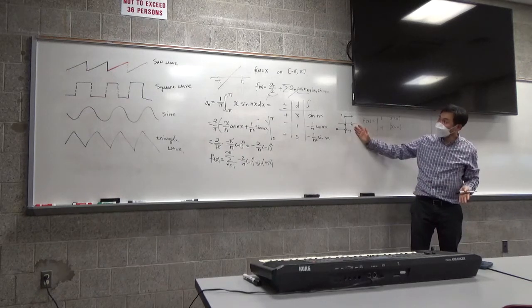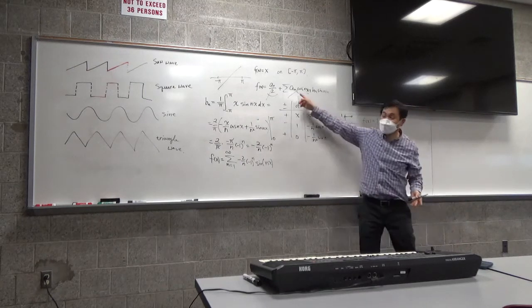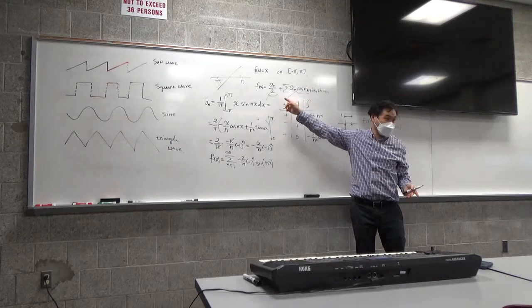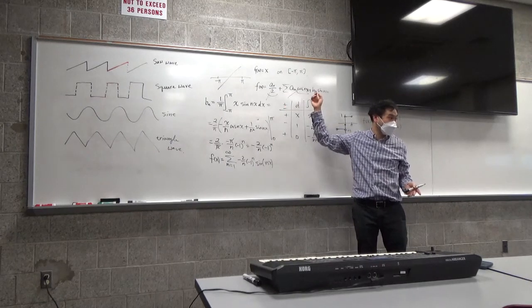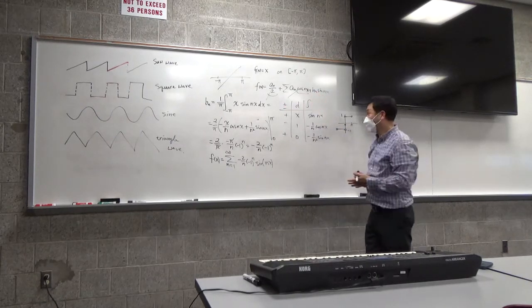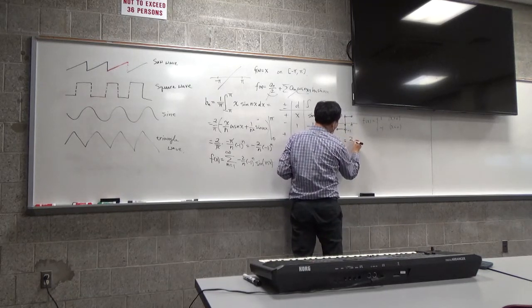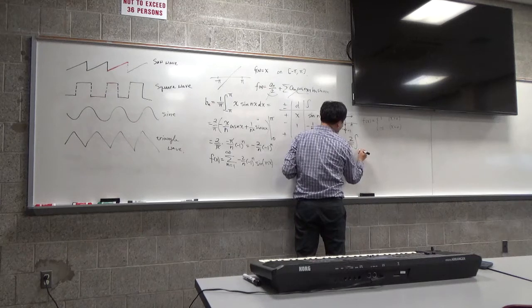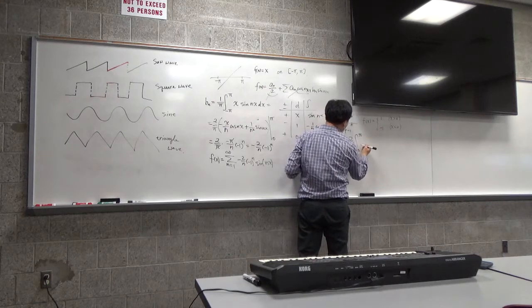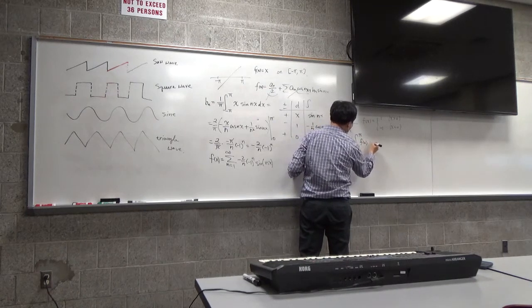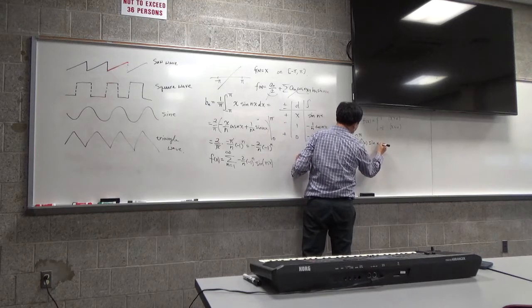Now, because it's an odd function, from the same logic, you're not going to see a0 and an. We only have to do bn. Furthermore, bn is 2 over pi, integration from 0 to pi, of f of x sine nx.